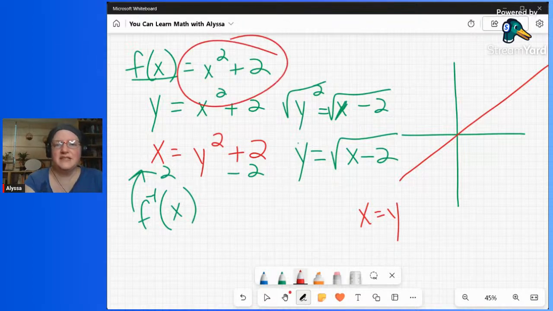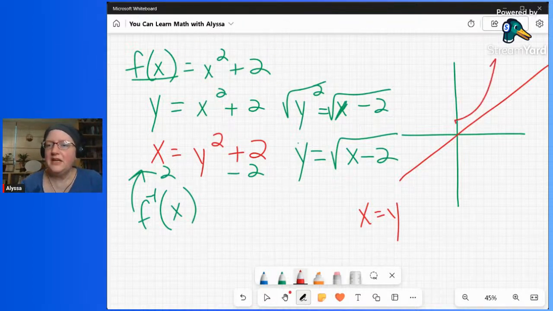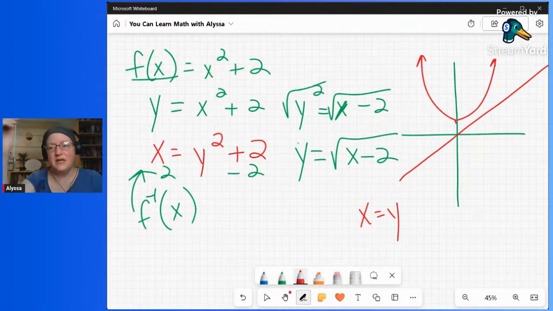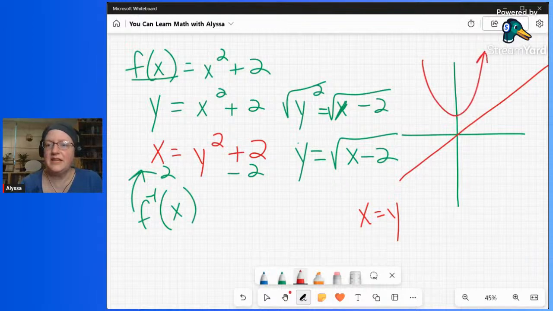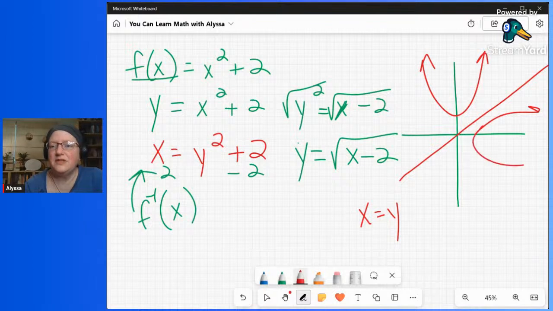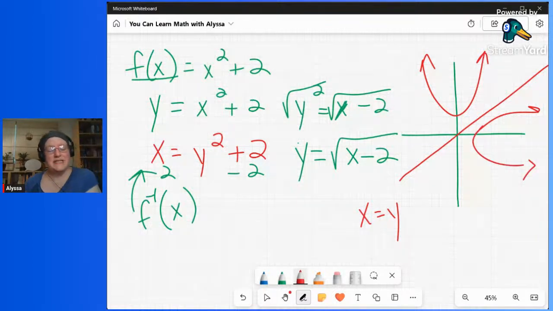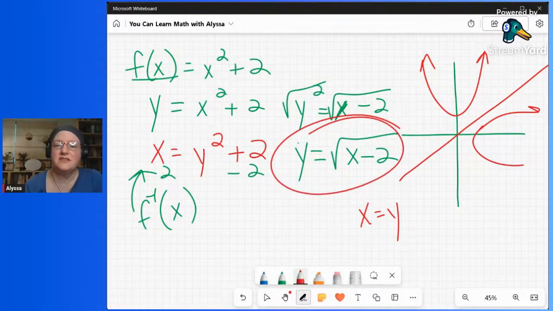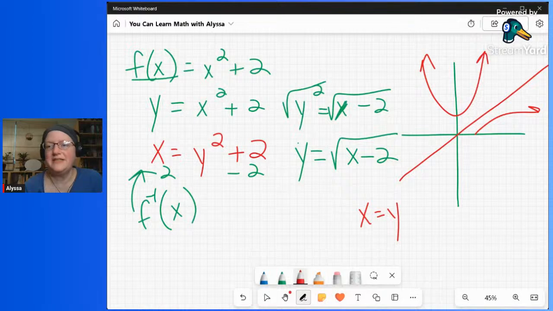This first one, x squared plus 2, is going to be a parabola, moved up 2, kind of like that. So you'd expect it to reflect across this line y equals x and look something like that. But it doesn't. It's y equals square root of x minus 2, so it ends up looking just like that. And that's because it's not a function.